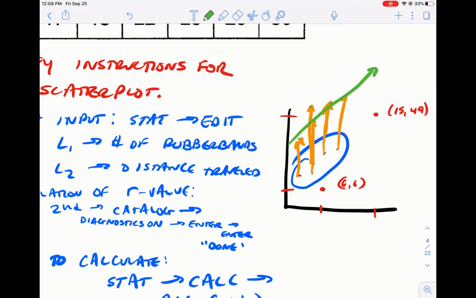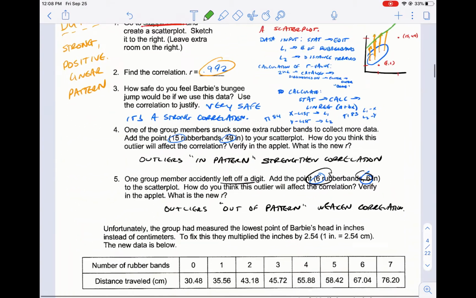All of them went up the exact same amount. Check out my line here. Does that affect my correlation? Does it affect how strongly they are correlated, meaning how close they are together?